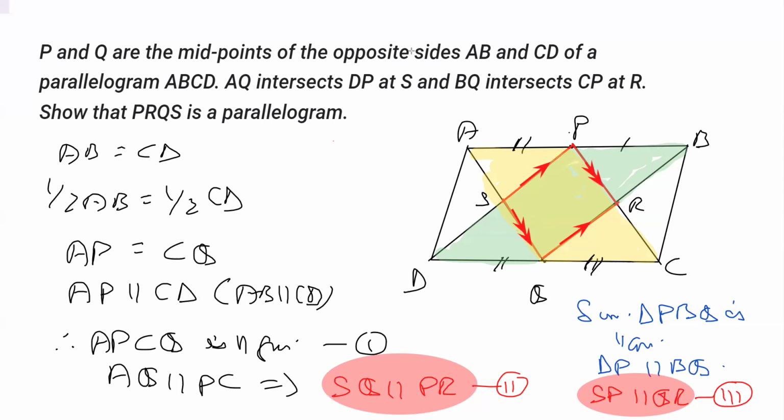As you can see, the two pairs of opposite sides are parallel. Therefore, from these two equations, that is from second and third, I can say that PRQS is a parallelogram.